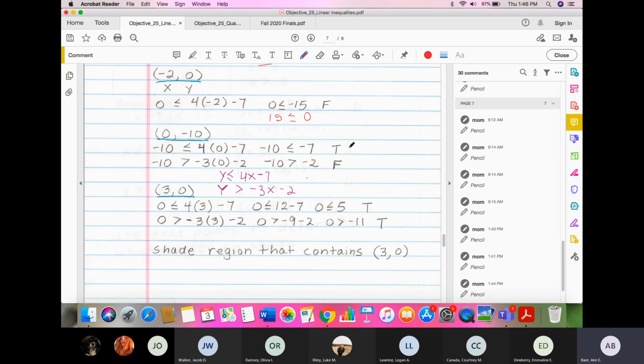So we need to go on. We need to assume this is a possibility at this point. So we want to test the second inequality now. When you get a true for the first inequality, you want to then test the second inequality using the same test point.